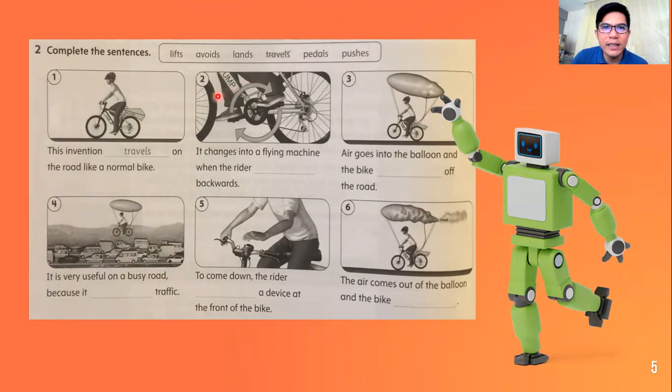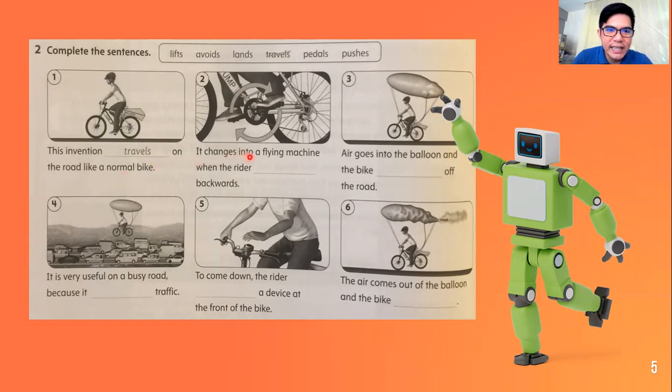So you don't have to answer again the word travels, because that's the answer for number 1. I will read. This invention travels on the road like a normal bike. Are you ready? Let's answer question number 2.